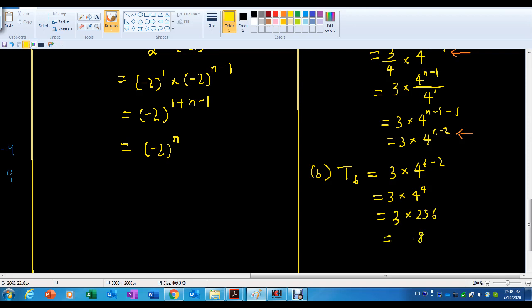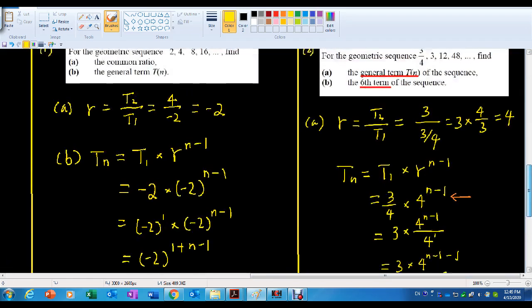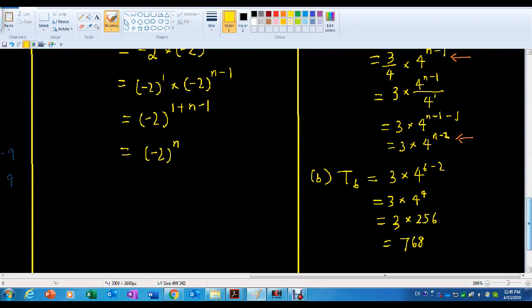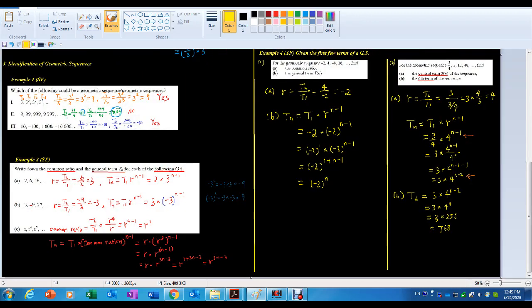I try not to use a calculator, but 768, I better use the calculator. So that's the answer. We've done this question, so check your answer. If it's correct, then that's good.